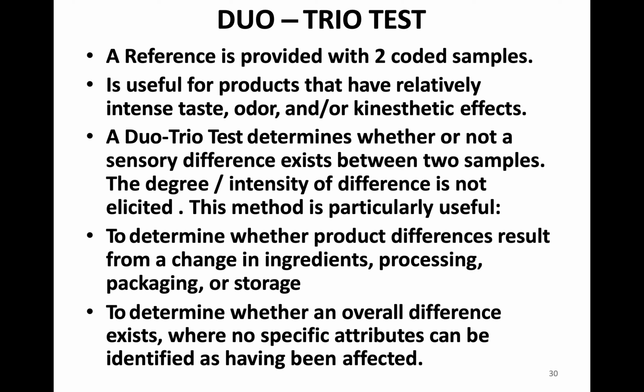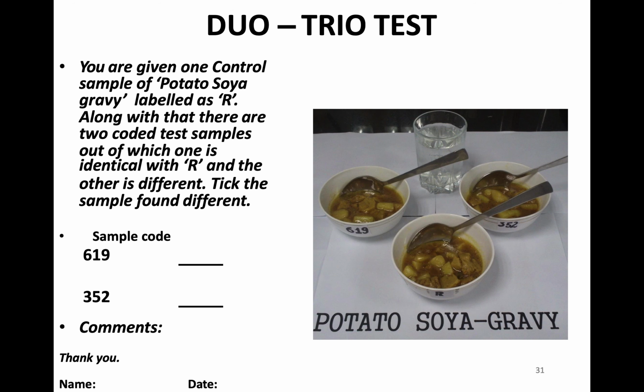This method is particularly effective when the degree or intensity of difference is not elicited. To determine whether product difference results from a change in ingredient, processing, packaging, or storage. To determine whether an overall difference exists, where no specific attributes can be identified as having been affected.